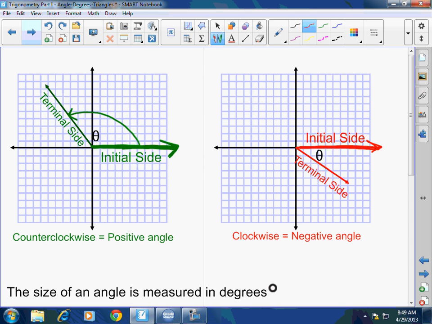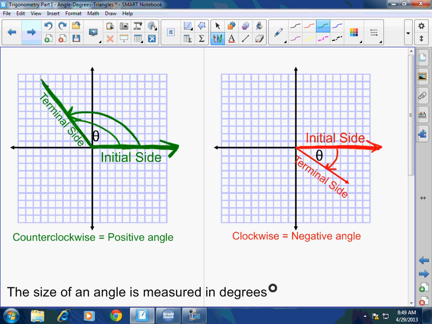When you go clockwise, you have a negative angle. And where the angle stops is called the terminal side. So back to the positive angle over here, the green one. I have my initial side, and I rotated, and I stopped right here. That's my terminal side. And here is the angle that I have created, theta.